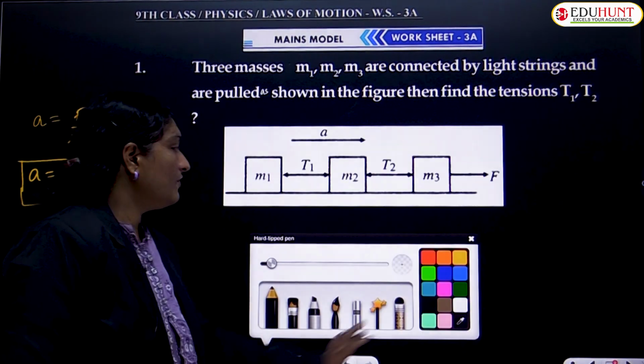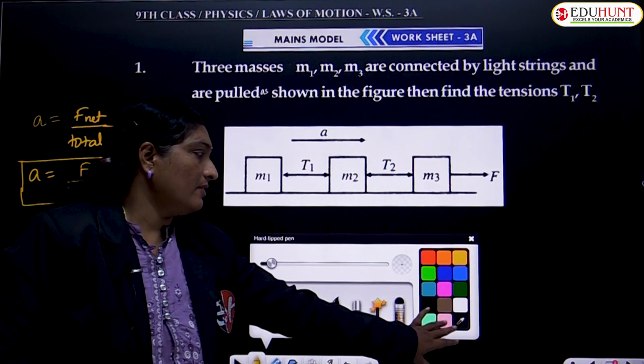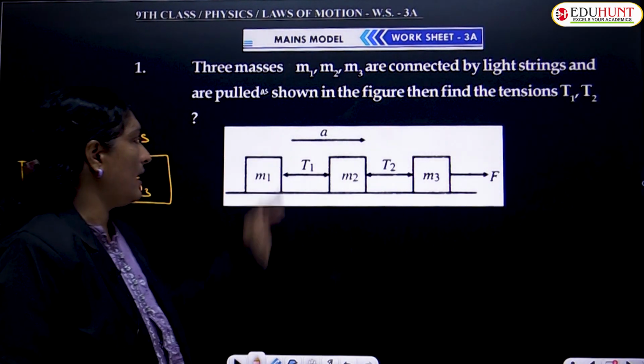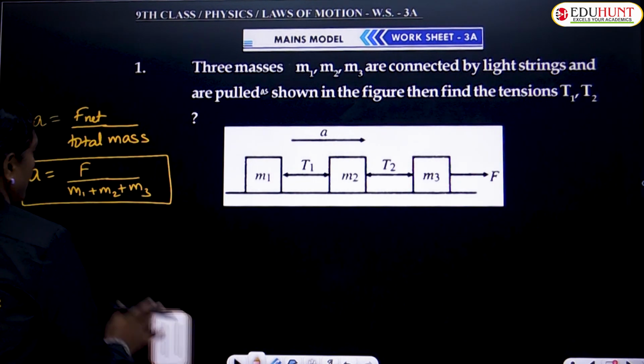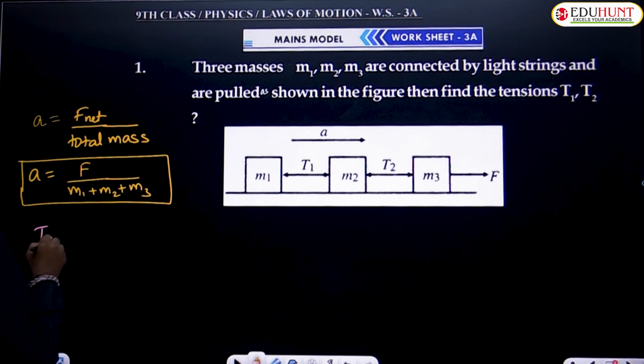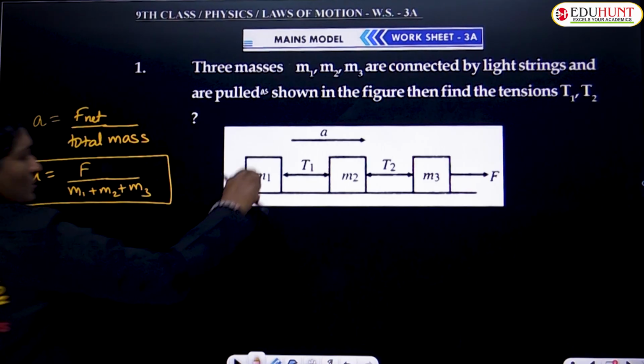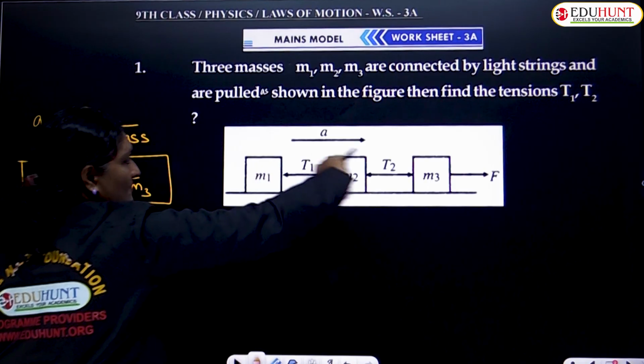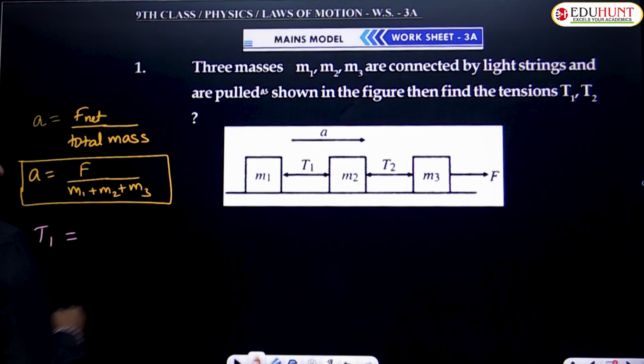That's it. So this is the value of your acceleration, but you're asked to find the tension T1 as well as T2. If you observe the picture carefully, because of this tension in the string, the mass M1 is being pulled. Hence, the value of tension T1 is equal to this tension. This tension is a force applied on mass M1, which is pulled with some acceleration a.